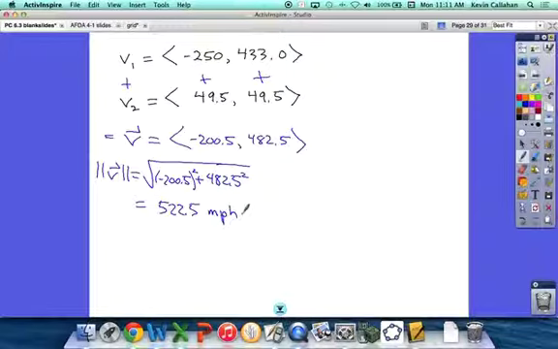So do that. Second tan inverse, 482.5 divided by negative 200.5, which is negative 67.43.